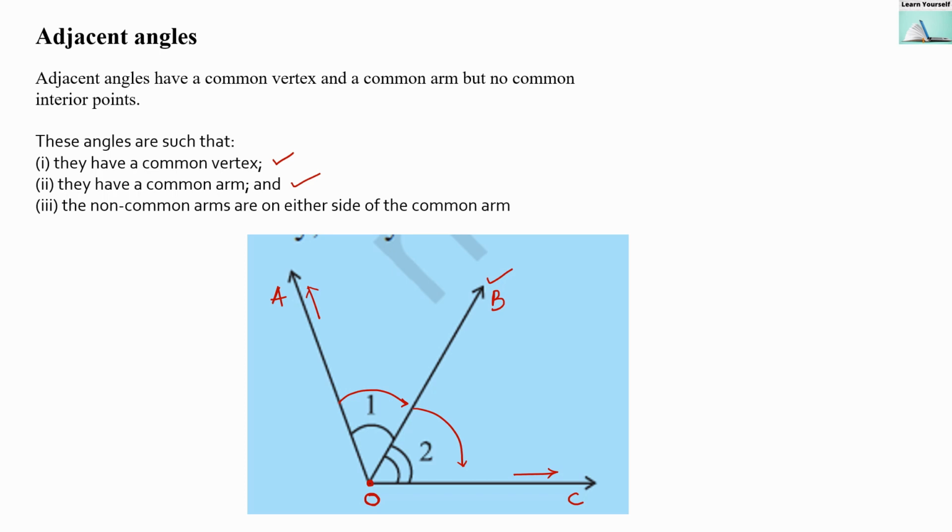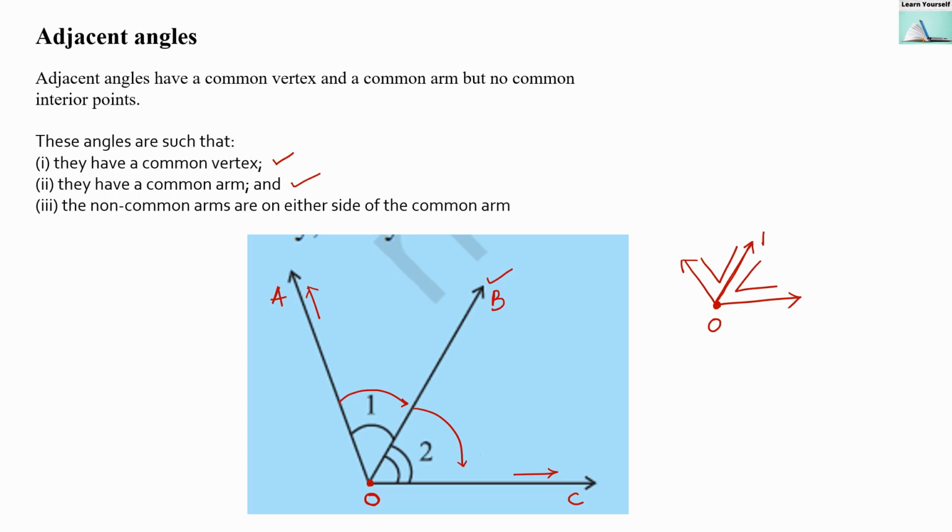They are on either side. Either side means they are on both sides of this common arm. So basically they have a common vertex, that is O. Then they have a common arm. This arm is common between this angle and this angle.